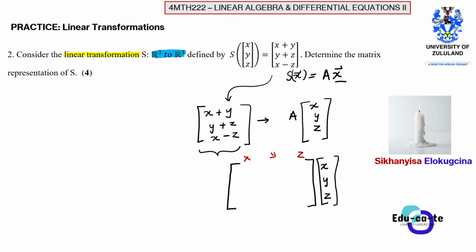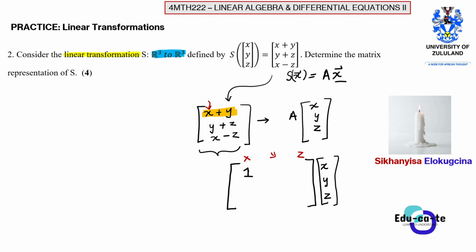Under the column for X, I'm going to write all the coefficients of X. If I look at the first equation, the first equation for the transformation is X plus Y. From this equation, I notice that I have X multiplied by 1. So the coefficient of X for the first row is 1.